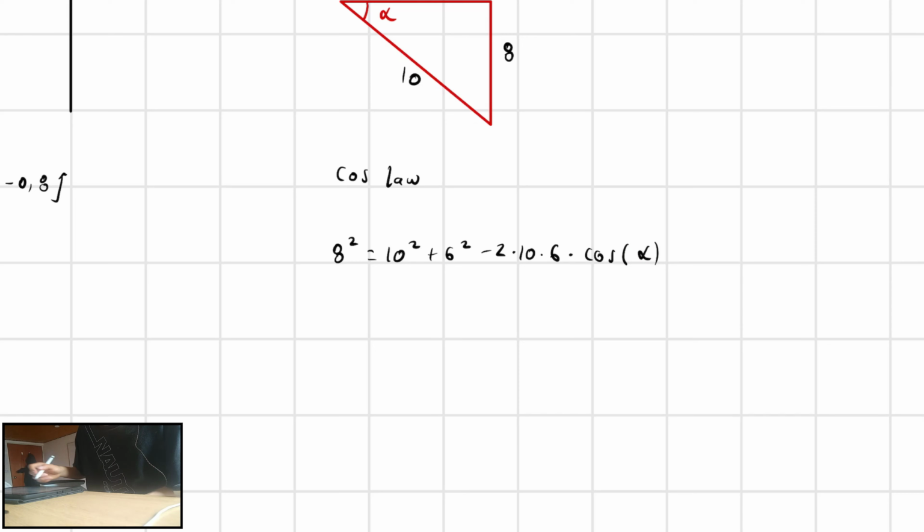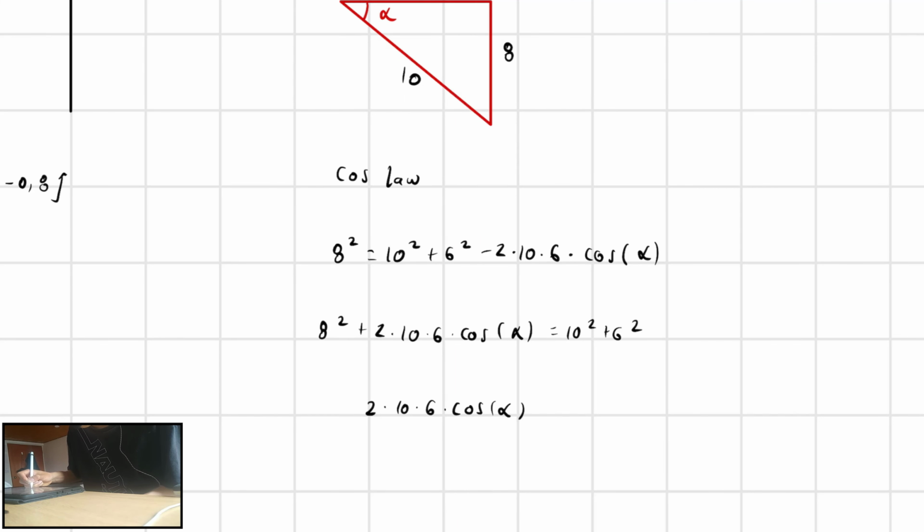We can find that unknown. I'm going to do it step by step for you to not be lost during the solution. So 8 squared equals 10 squared plus 6 squared minus 2 times 10 times 6 times cosine of alpha. So 2 times 10 times 6 times cosine of alpha is going to be equal to 10 squared plus 6 squared minus 8 squared.